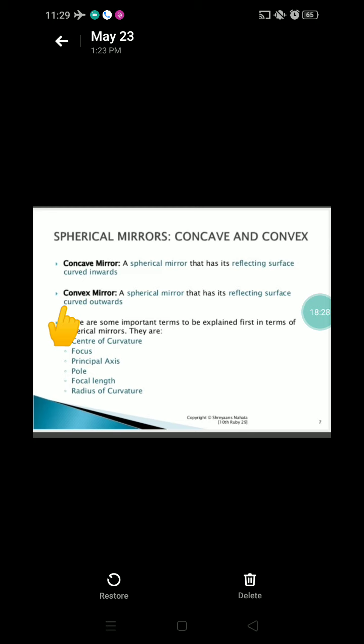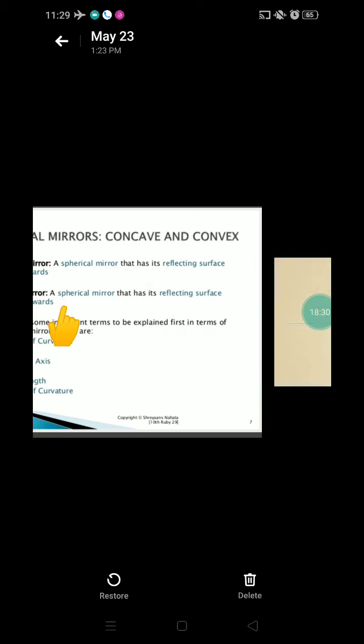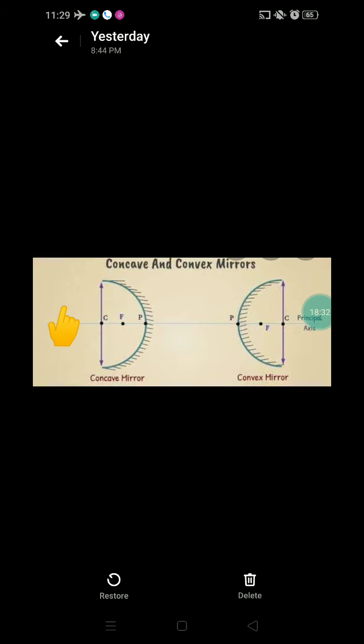What is the difference between a concave mirror and a convex mirror? Just look at these two figures. In this case, the reflecting surface is bulged inwards. Such type of mirrors in which the reflecting surface is bulged or curved inwards is called a concave mirror. And look at this figure.